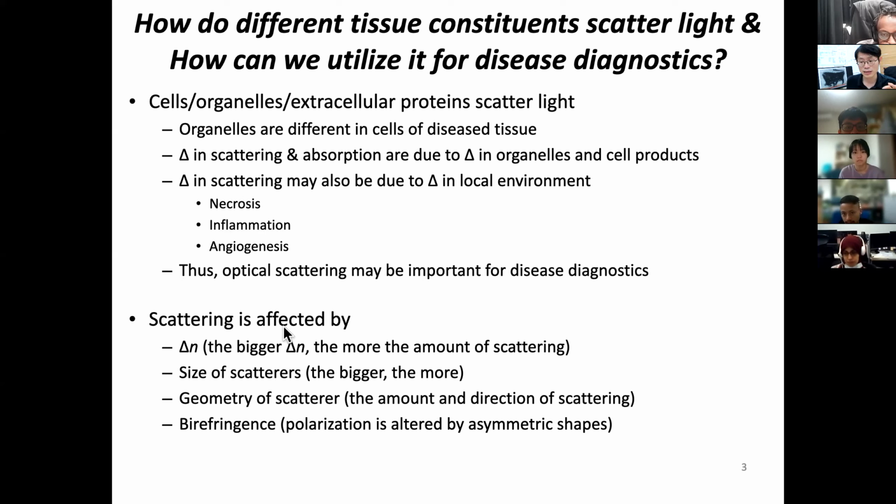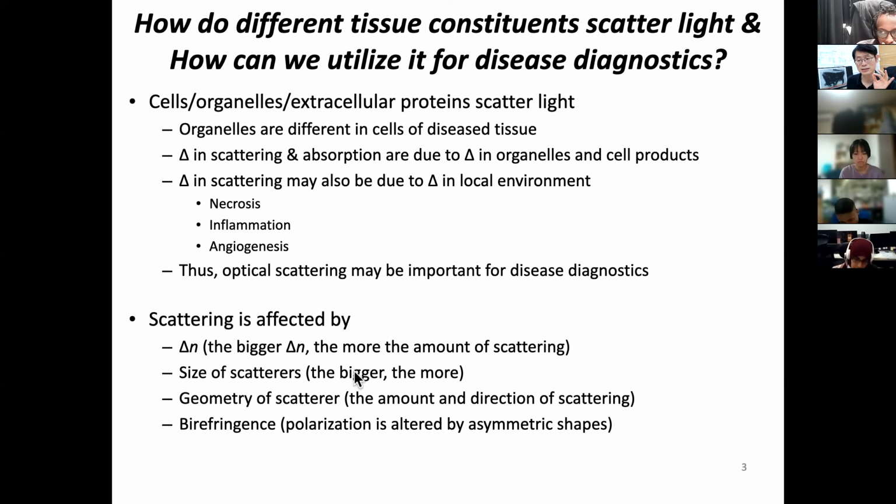And how the scattering is different in different microenvironments, fundamentally from an optical point of view, there will be local refractive index changes. So that change matters. The bigger the delta refractive index, the more scattering happens.